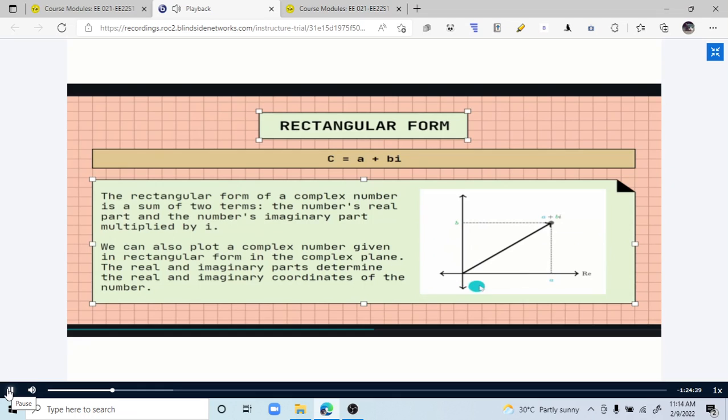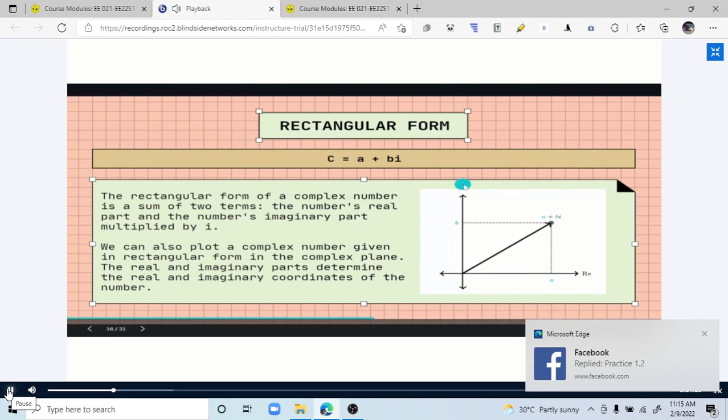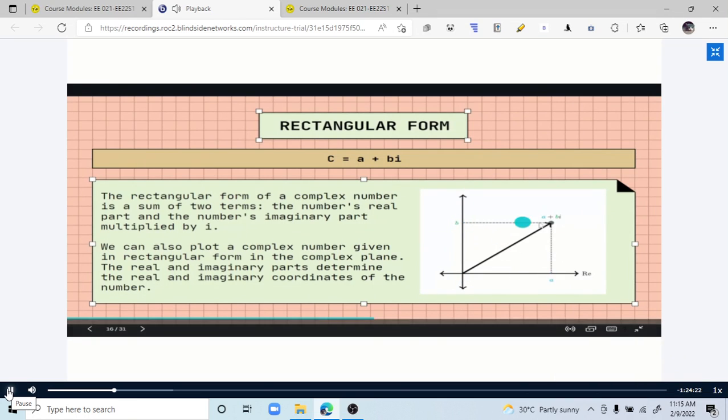So 5 will be plotted on the horizontal part, and 4 will be plotted on the vertical part. Did you get it? If you plot your 5 here and your 4 here, the meeting point of both numbers is what we call the rectangular form of a certain complex number.